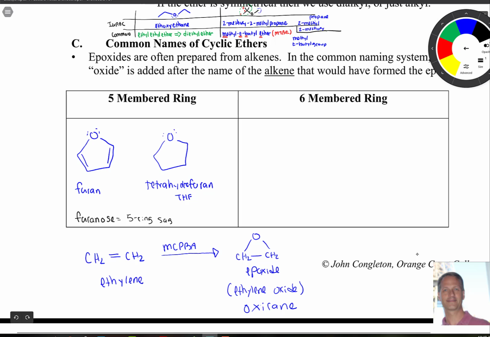So this is a 5-ring sugar. All right, so similar kind of pattern occurs over here with the 6-membered rings. So with 6-membered rings, you're going to have a situation that looks like this. So this is a pyran. If you put 4 hydrogens across this, you get tetrahydropyran.